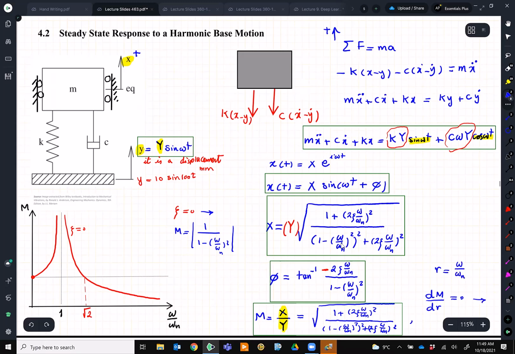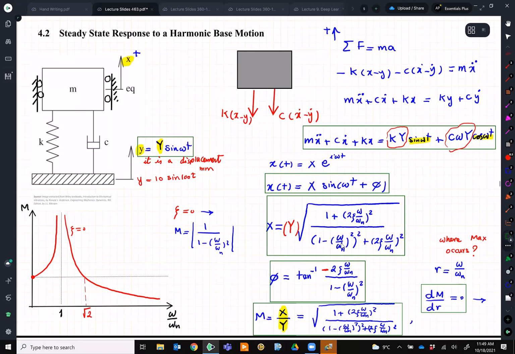And we want the value of r where the maximum happens. So this is the question we want to answer: where the max occurs. We take the derivative of M with respect to r, and your task by Wednesday is to find that value of r. Just a hint to you, it's slightly after 1.